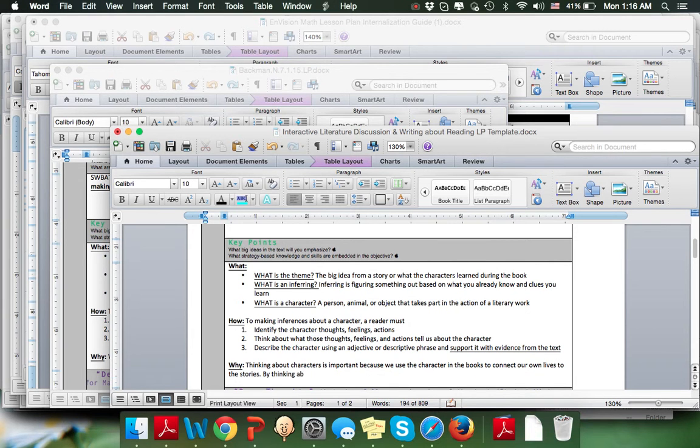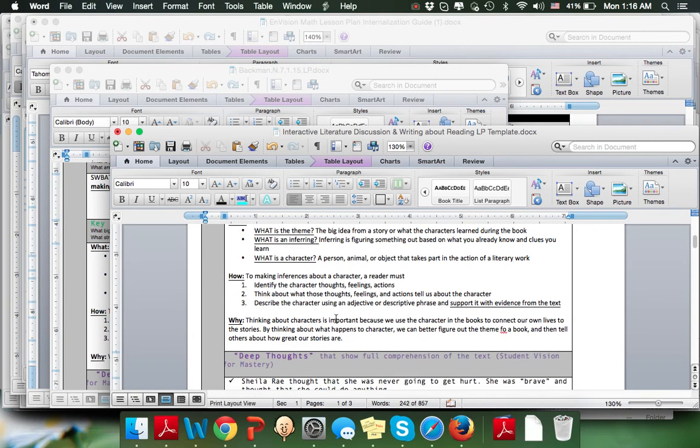By thinking about what happens to characters, we can better figure out the theme of a book and then tell others about how great our stories are. So again, this should be just a statement that talks about why this skill is important.